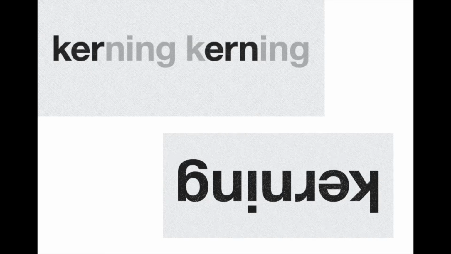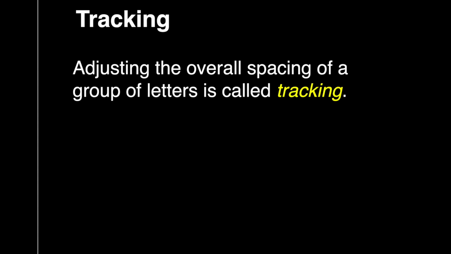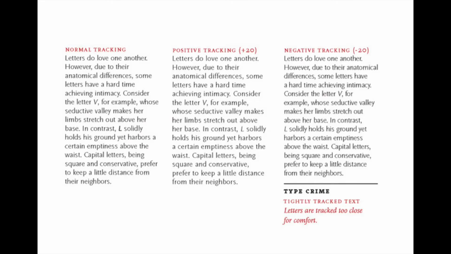Another approach to kerning. Okay, so tracking is another way of adjusting the space between the letters, but that's doing an overall group of letters like a paragraph or a sentence. So tracking would be taking this paragraph or group of sentences here and selecting them all and adjusting them either positively or negatively.